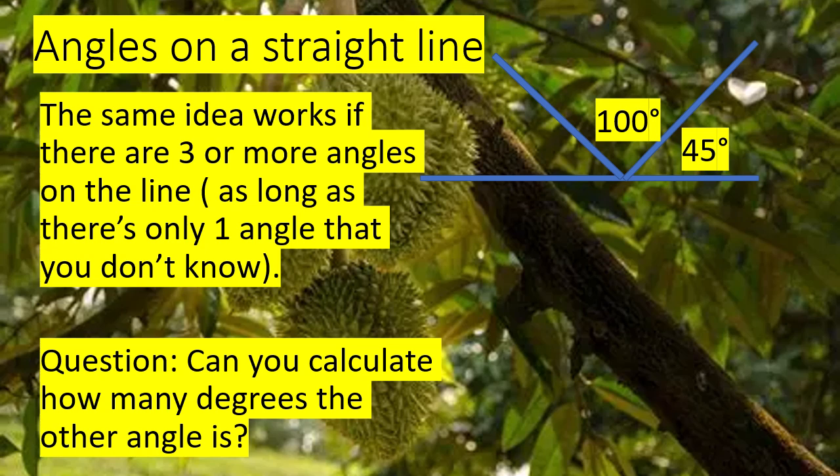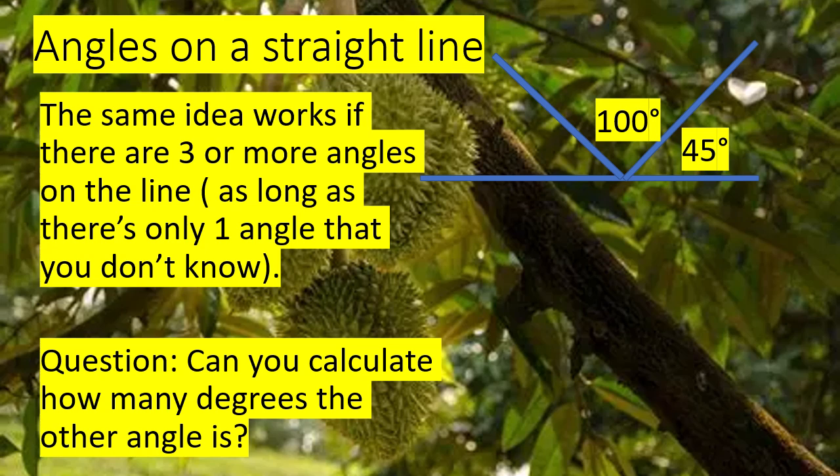Okay, more about angles on a straight line. If you have more than two angles, so we have two lines coming down and joining to the straight line, and the right-hand angle is 45, the top one is 100. The same idea that we did before will work, so we can do 180 minus 100 minus 45 to find out the missing angle.